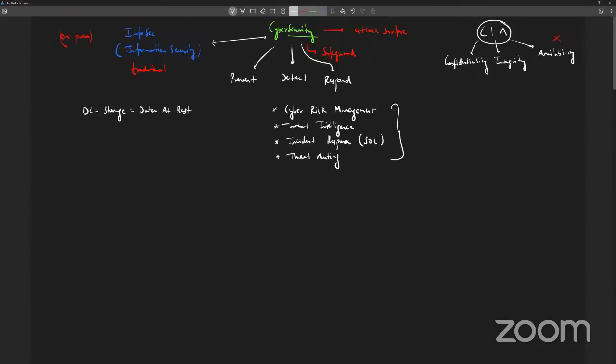Now, before I talk about anything else, let me talk about some keywords, specifically three of them, which will help you understand some of the things we'll talk about later on. One is threats. What are threats?